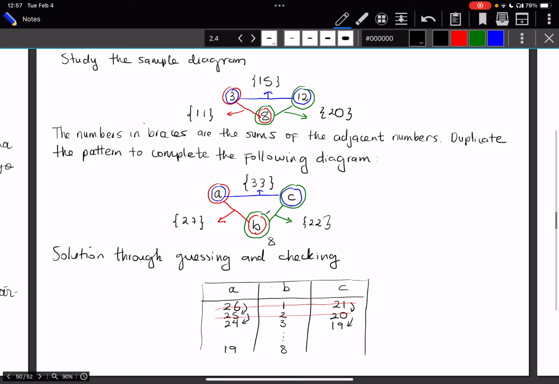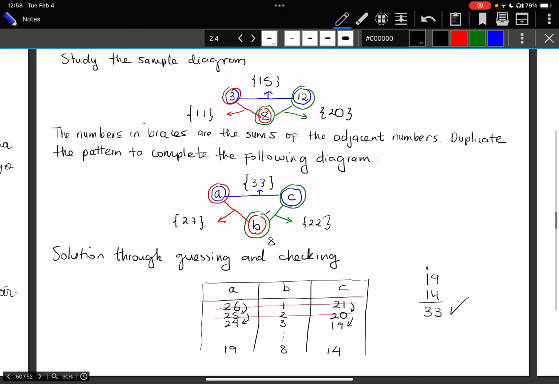And that number is going to be 14. And then when we add A and C, so our value for A is 19, and our value for C is 14, we get to 33. So we have 19 plus 14. 9 plus 4 gives us 13. So 1 gets carried to the other column, and then 33.